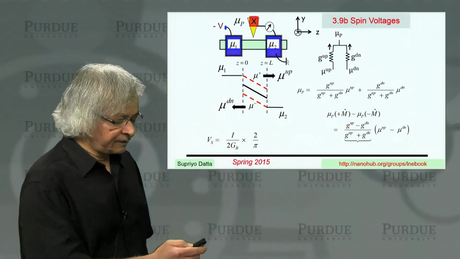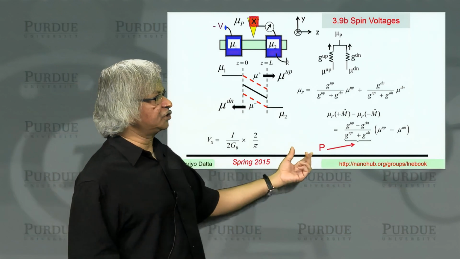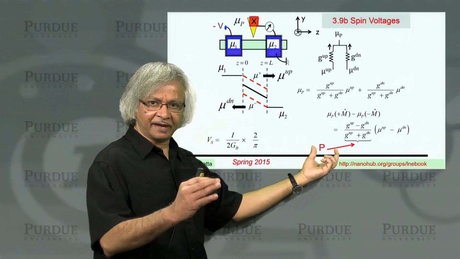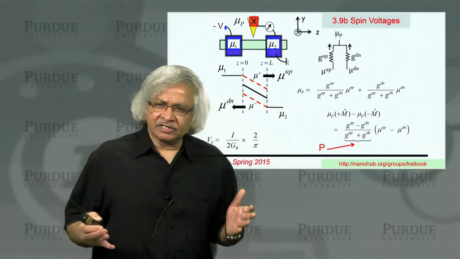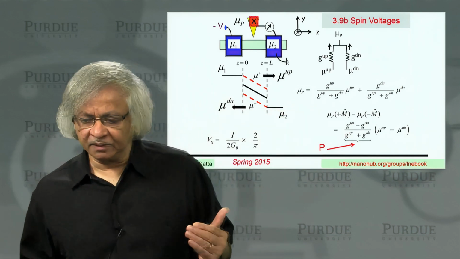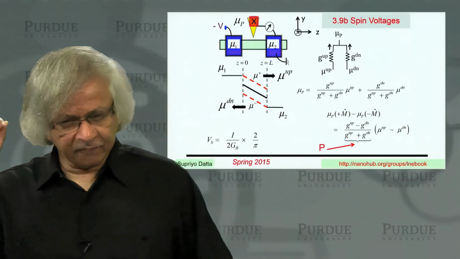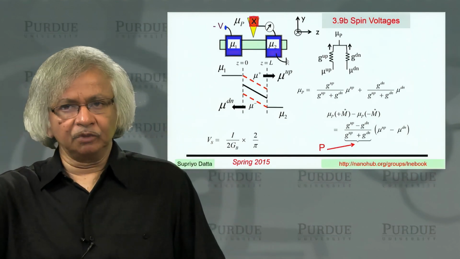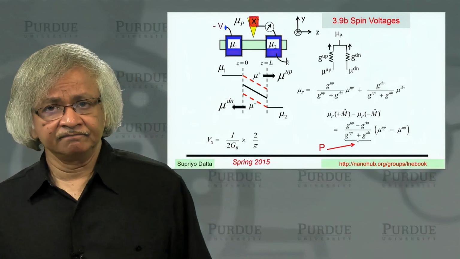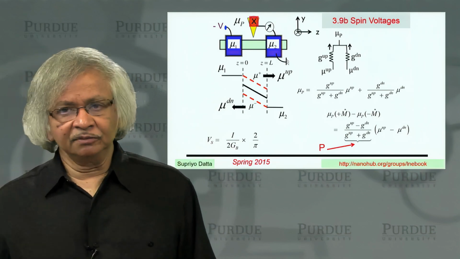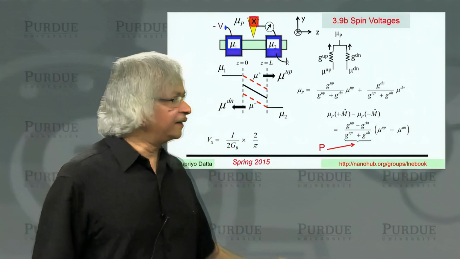See? And that is usually what's called the polarization of the magnet in this context. So this is now a standard way actually of measuring spin potentials. That is, measure the potential with a magnetic probe, reverse the direction of the probe, and see how much it changes. If it's a non-magnetic probe, of course, you shouldn't get any difference here.